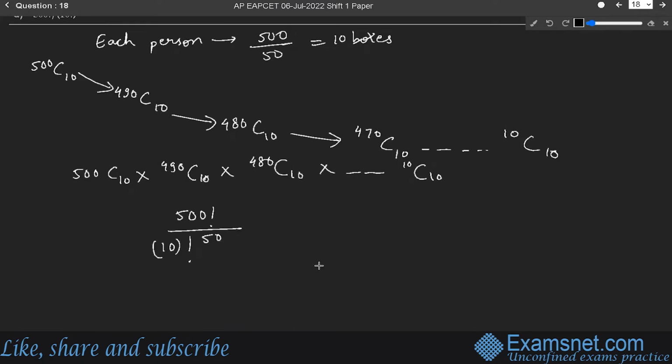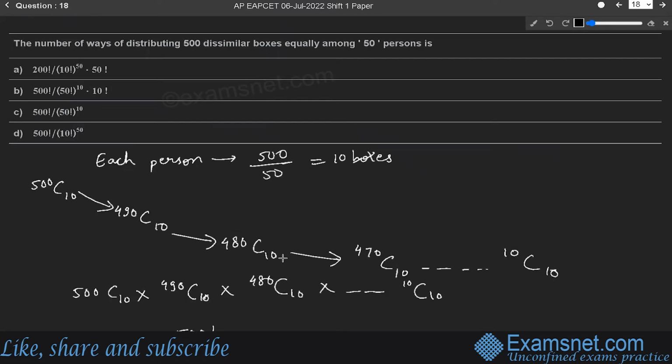These are the total possible number of ways here. Therefore, we can say that the correct option is 500 factorial divided by 10 factorial power 50, which is option number D here. I hope this question is clear to you. This kind of question always comes in the exam and it is a very, very important question.